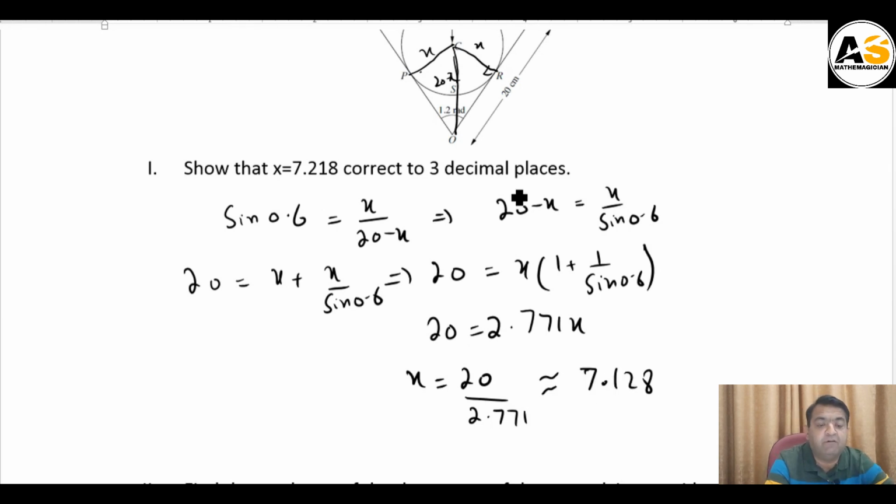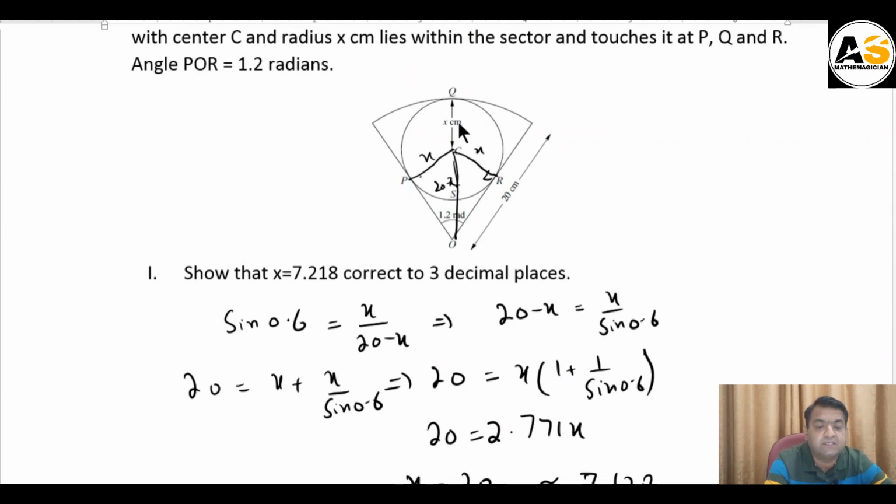So this 7.218 is basically the radius of this inner circle. So part 1 is done.